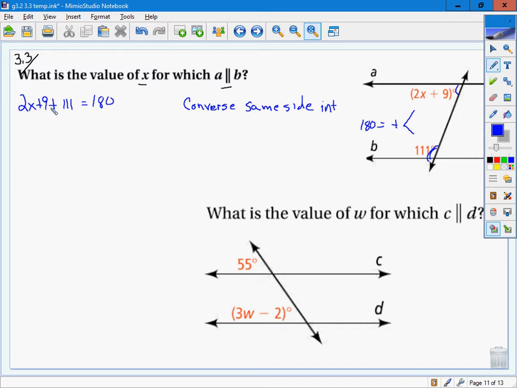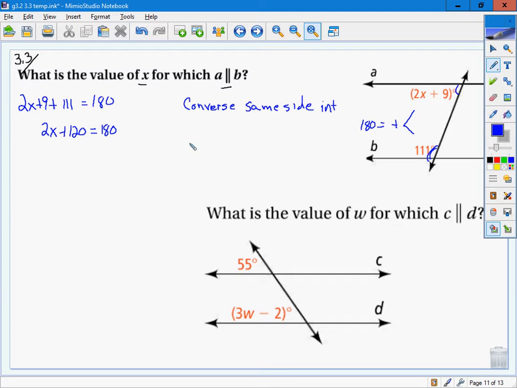Now, this would justify this step. The next step really would say this: 2x plus 120 equals 180. If I had to justify that step, what would I write next to it? I could put substitution or combine like terms, but not what?